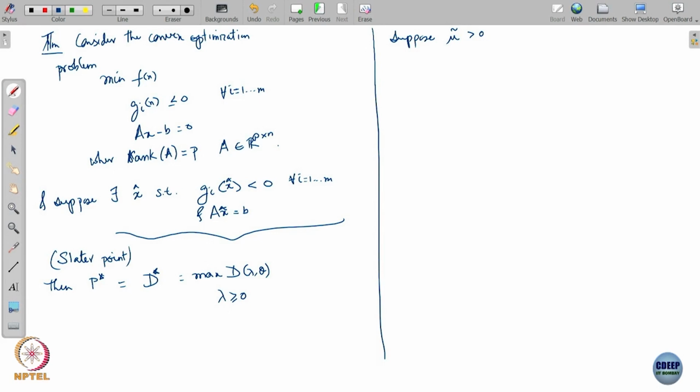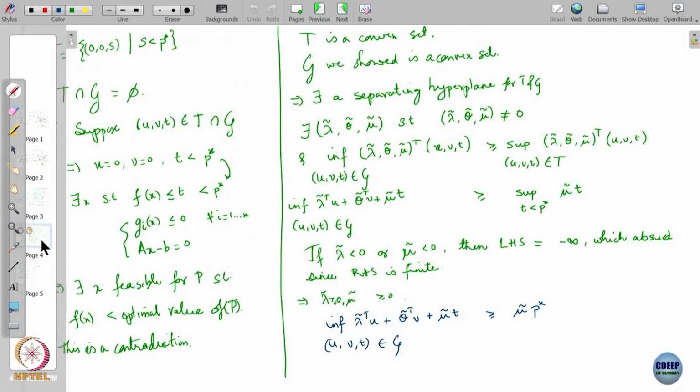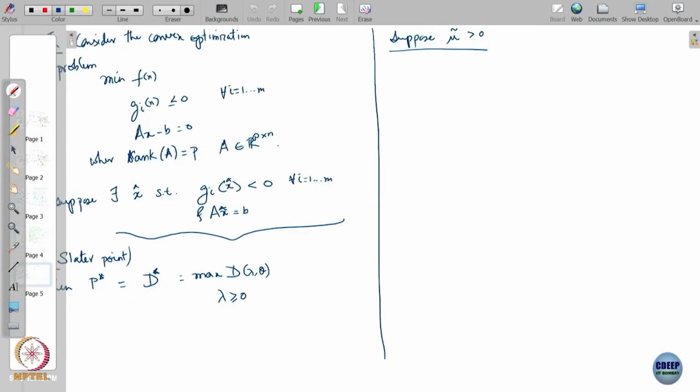Okay. Now, suppose mu tilde is positive, or let us say we are taking the case where mu tilde is positive. So, if mu tilde is positive, then what can I do with this expression? Let me write this expression once again on the next slide.